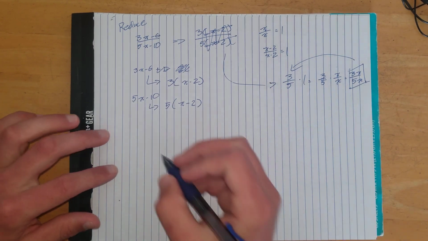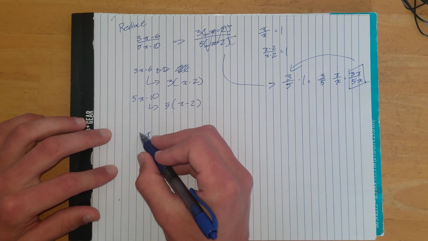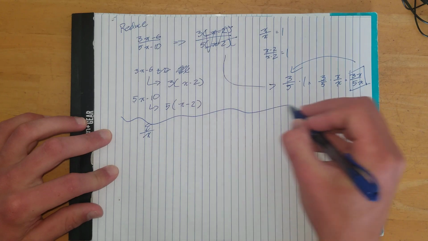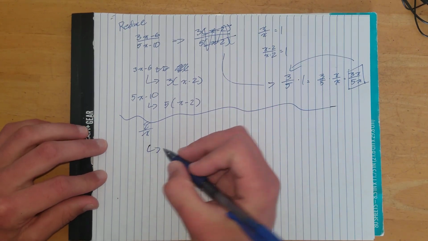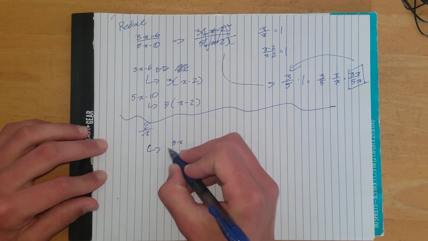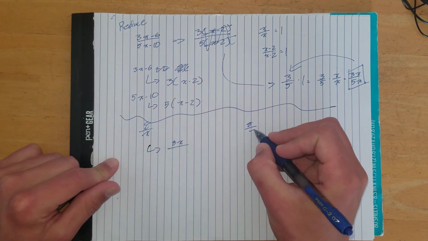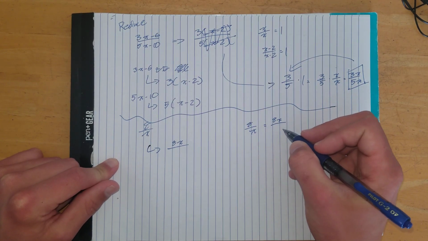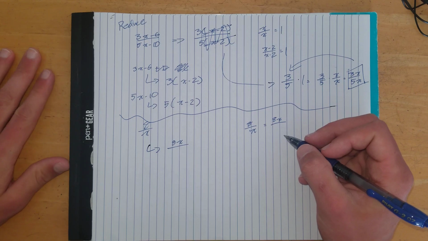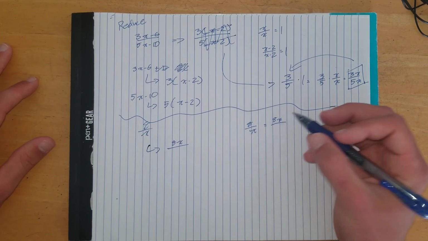So if we have 8 over x, and we want to write it as 8x over something, we'll just leave this blank for now, right?